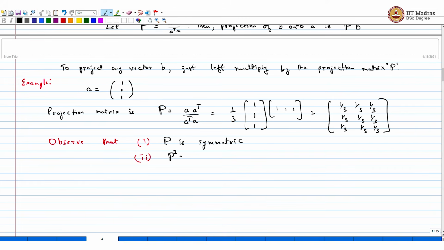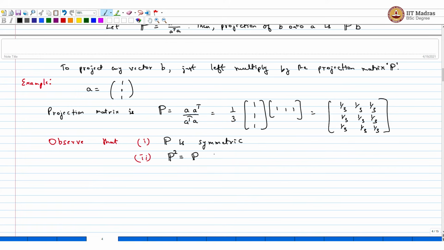The second thing that you can see is P square equals P, and this makes intuitive sense. What does left multiplication by P achieve? It brings it onto the line through A. And the next time if you project again, which is like PB is already on the line, if you project again, you are going to get back the same quantity. So P square has to be P simply because you already projected by doing P.